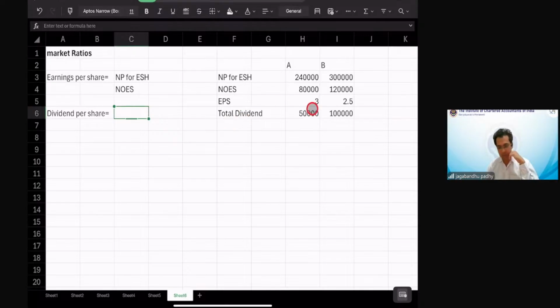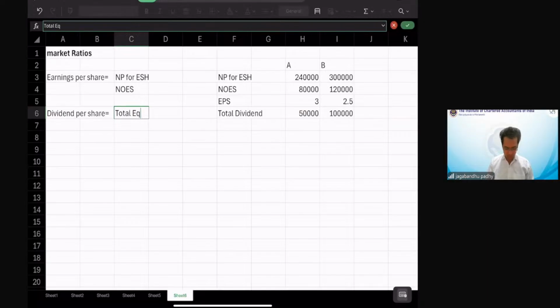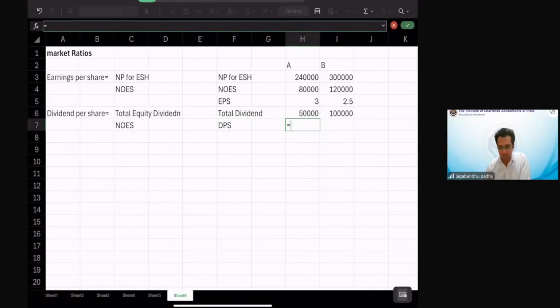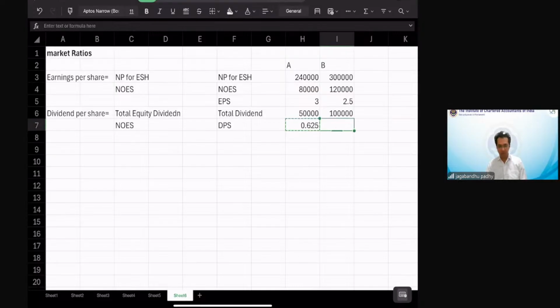If the total dividend is 50,000, how do we get the dividend per share? Of course, that's going to be total equity dividend upon number of equity shares. Dividend per share is dividend divided by number of equity shares: 0.625 for A, and here it is 0.8333.